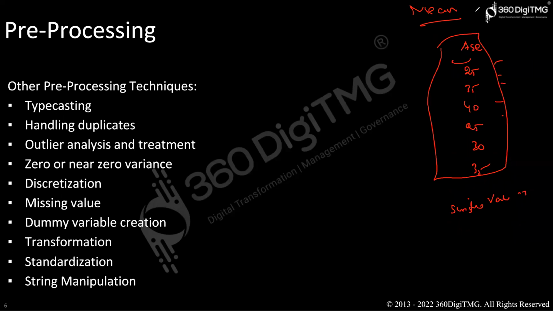So what happens here is that the mean will represent the characteristic of the data.